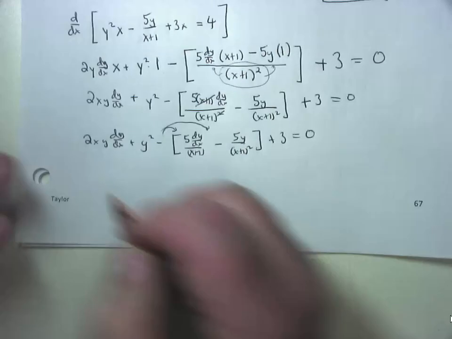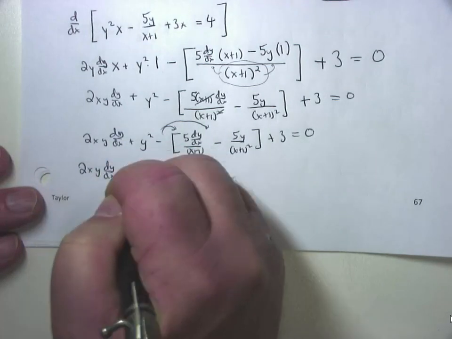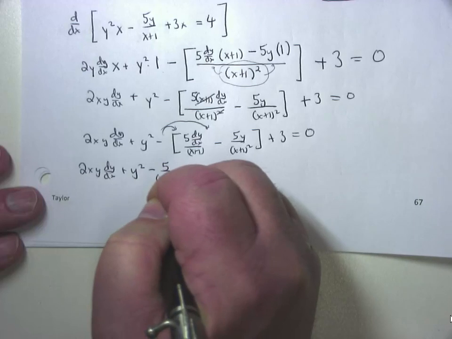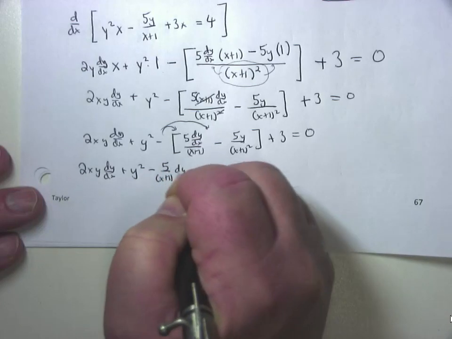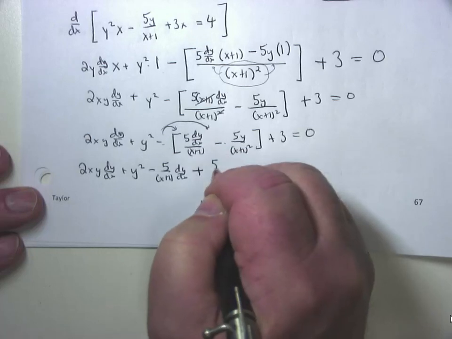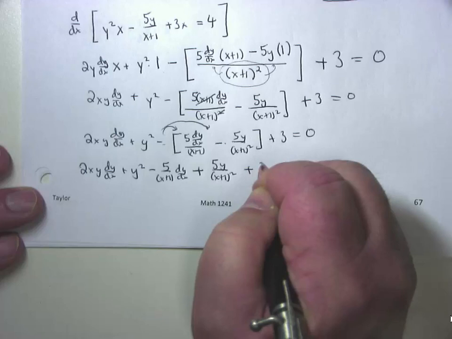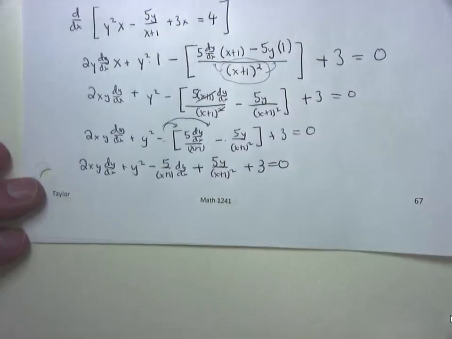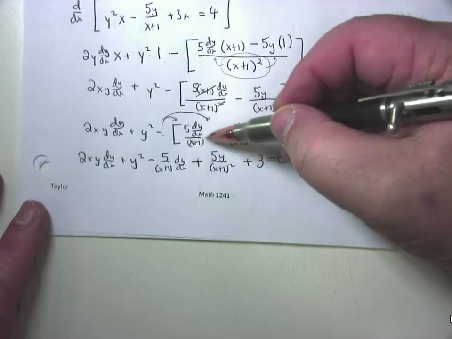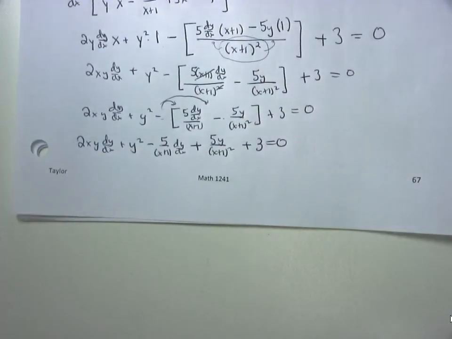That's going to give me 2xy dy over dx plus y squared minus 5 over x plus 1 dy over dx plus, a negative makes it positive, 5y over x plus 1 squared plus 3 equals 0. All I did was clean up my fraction. I put the dy over dx in the back. It just looks a little better that way. This is all cosmetic right now.